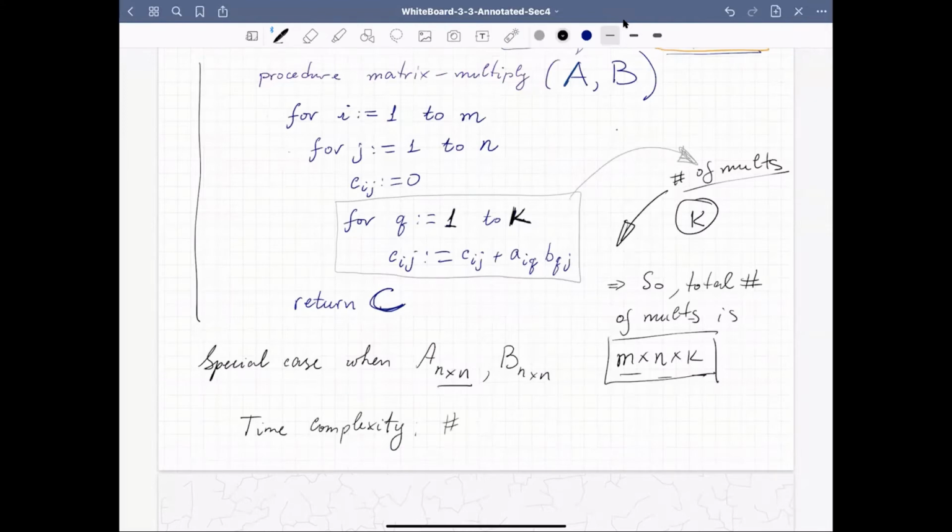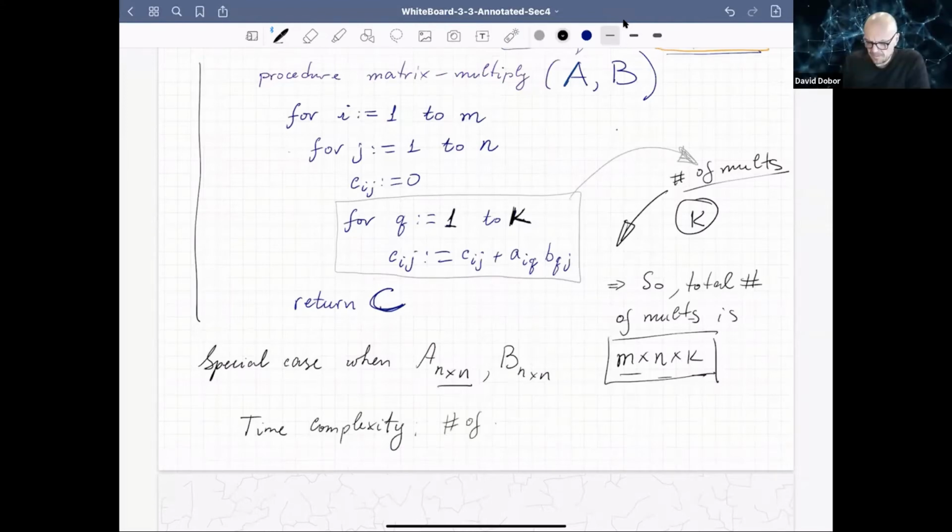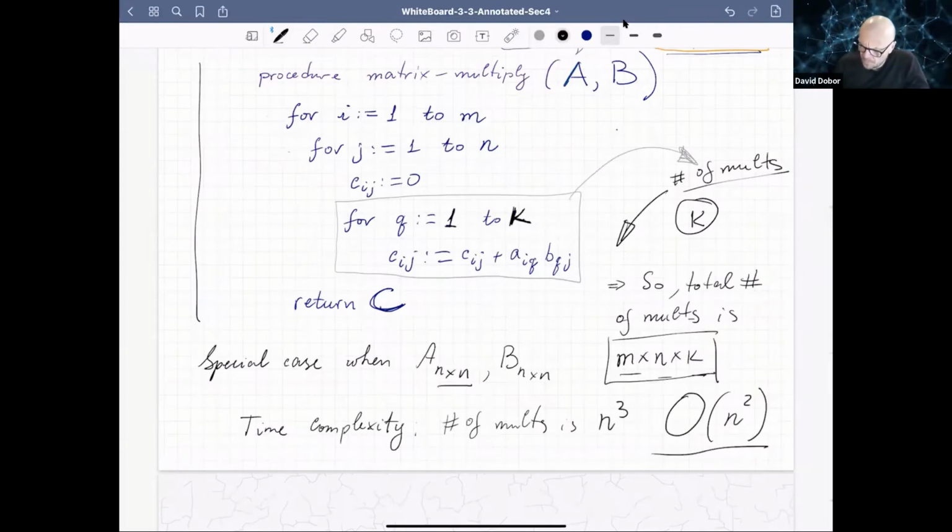Yeah, the number of mults is n cubed. So to give a big O, in fact it's a big theta estimate, but let's keep using big O. It's a big O of n cubed operation, matrix multiply, because each of the n squared entries takes me n multiplications to compute. So it's n squared times n, so big O of n cubed.